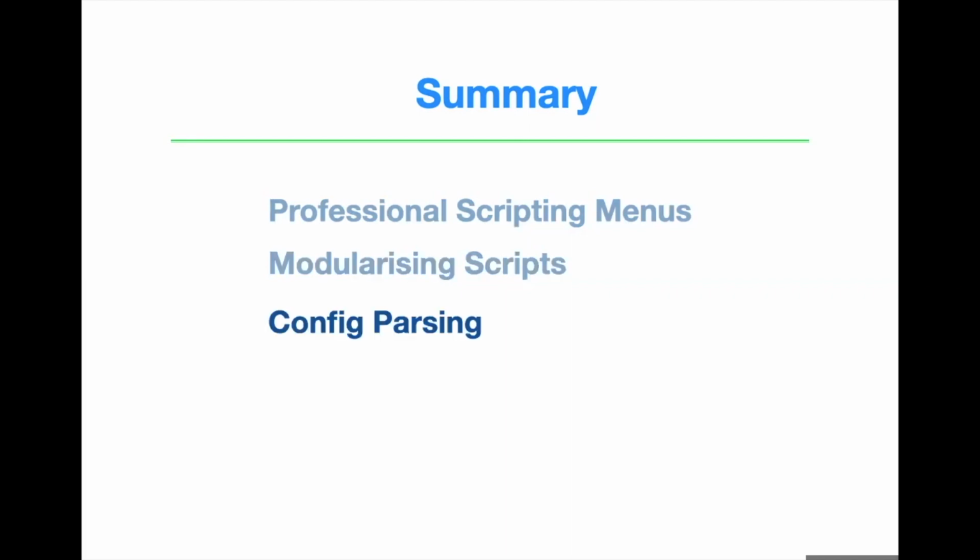Then we have learned config parsing, where we can use scripts to pass values from a config and use them in our application. Then we have learned the curl and jq utilities to handle remote server calls and process the JSON data received from them. This brings us to the end of this module on professional scripting options. In the next module, we'll see how we can debug bash scripts.